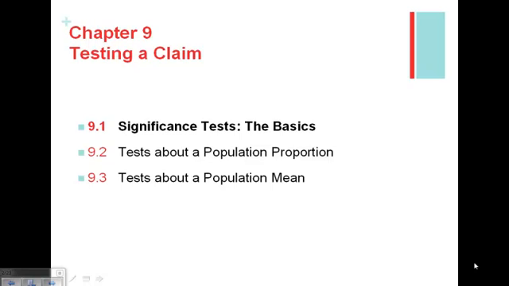Then we're going to say, how do we apply it in particular to problems of sample proportion and population proportion? And then in the last section, how do we apply the things that we're going to pick up in this section to the idea of the distribution of sample mean and the idea of population mean?